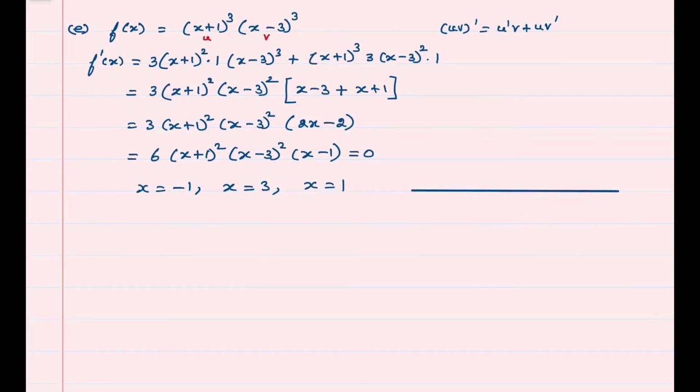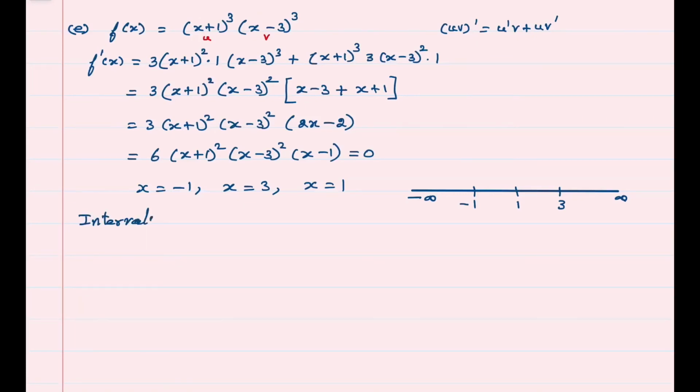The given function is a polynomial. Therefore, the domain is R, the real number set, which is minus infinity to plus infinity, and we have got 3 critical values, minus 1, 1 and 3. It is a number line. Write the numbers correctly in the ascending order. Now, we will write the subintervals of the domain.